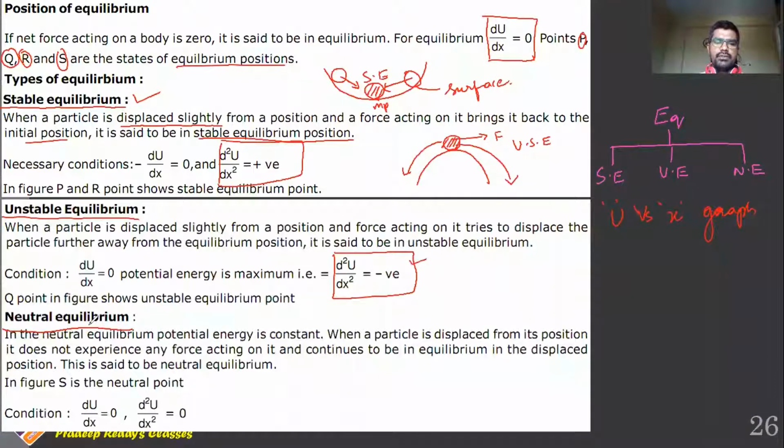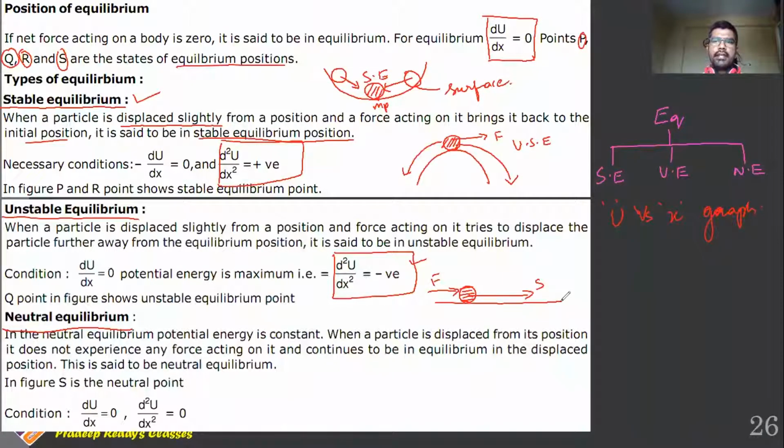And the last one is neutral equilibrium. In neutral equilibrium, you have a plane ground surface and a ball, and you are applying force upon this ball. As a result, this ball would continue to move on this ground. This is the displacement, and this is the applied force. The body is disturbed, but there is no change in the potential energy.